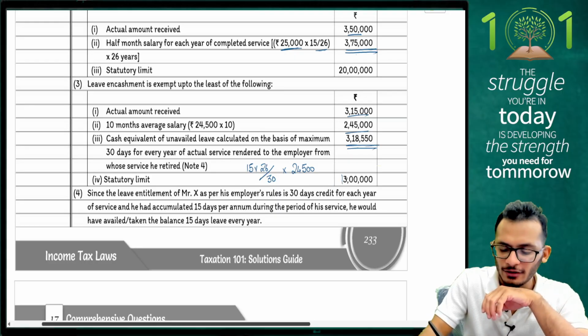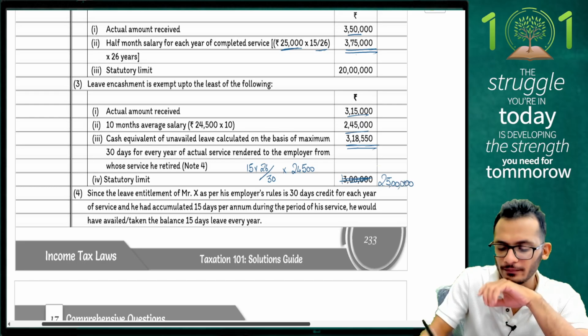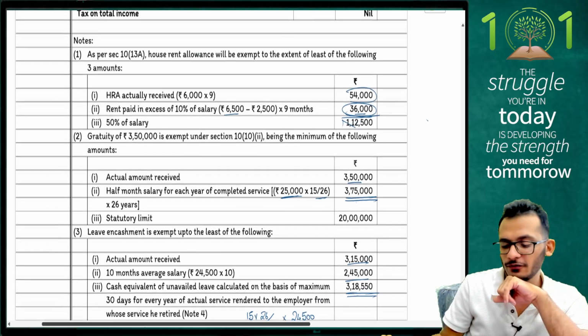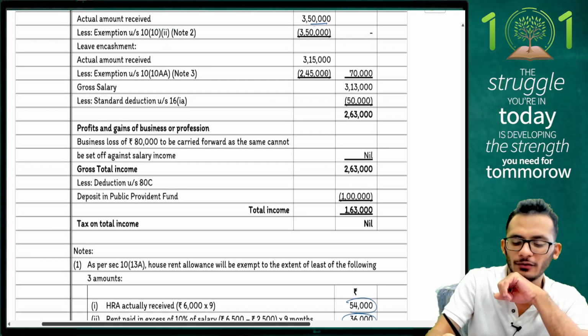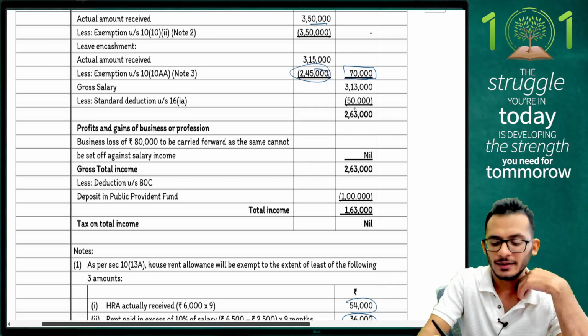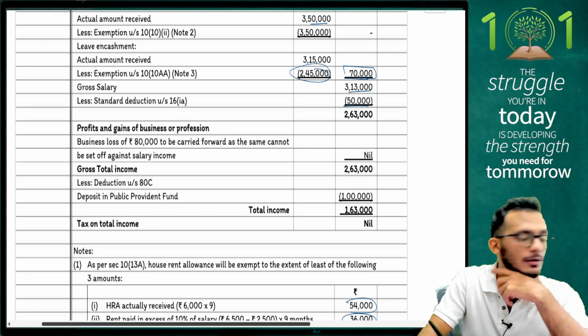And then my statutory limit of 25 lakhs. Least of the four answer was 2,45,000. Therefore, 2,45,000 was exempted. Therefore, 70,000 became taxable. My gross salary became 3,13,000. Standard deduction was 50,000. Taxable salary became 2,63,000.